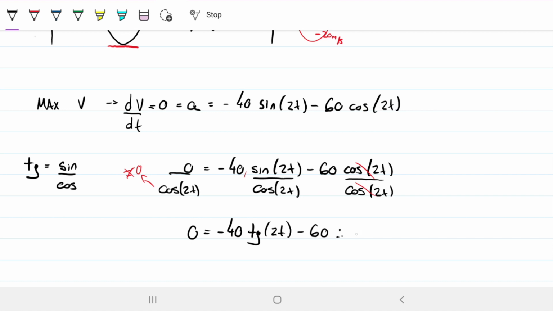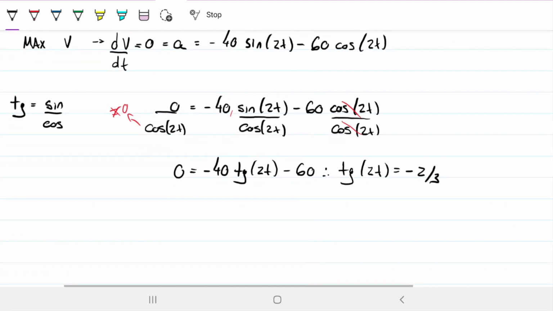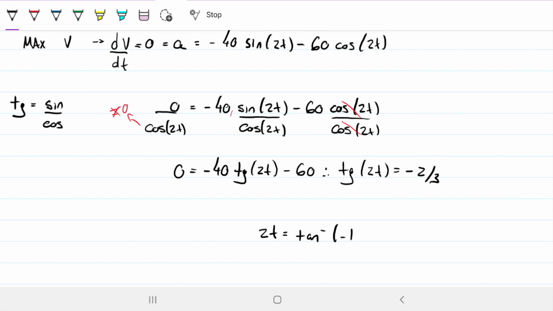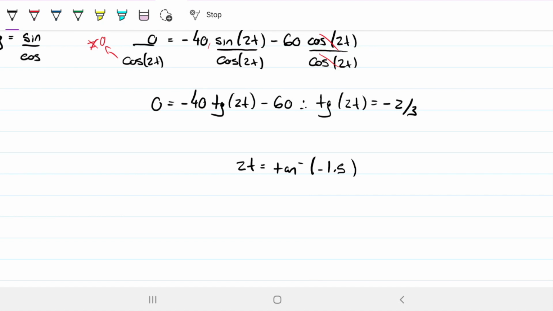And therefore, the tangent of 2t equals negative 2/3. So, in other words, 2t equals the inverse tangent of negative 1.5. And don't forget, this has to be in radians once again, or else you're going to get something completely off.